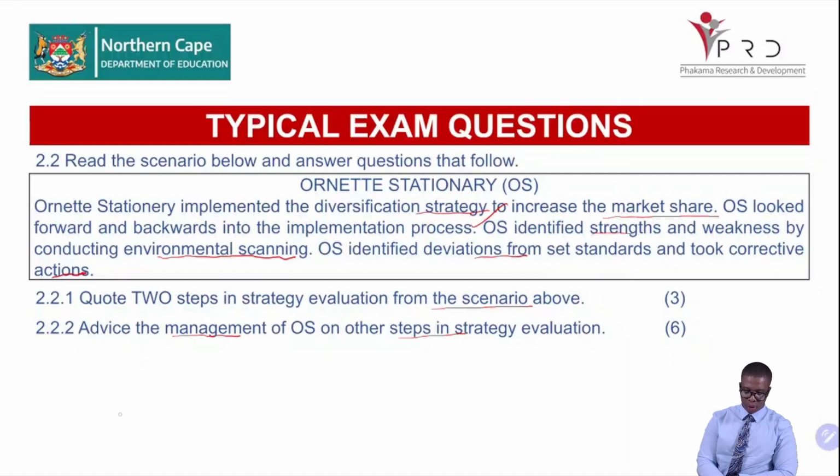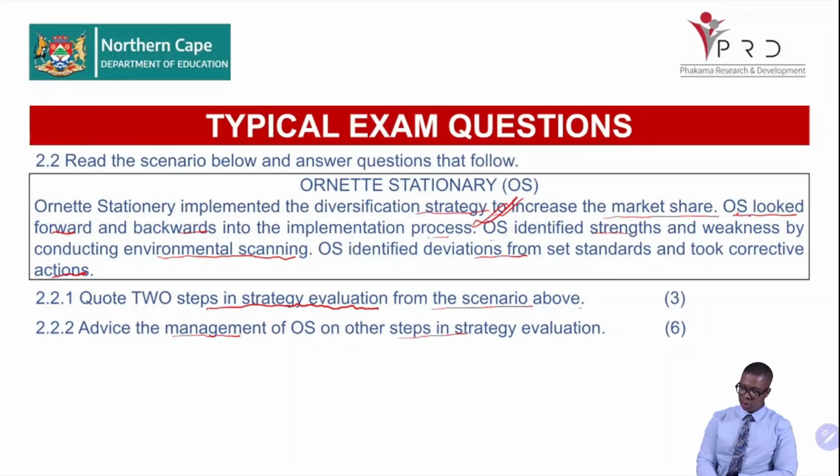Now, quote 2 steps in strategy evaluation from the scenario above and advise the management of OS on other steps in strategy evaluation. So now, when you look into this scenario, Grade 12s, you will realize that the idea that OS looked forward and backward into the implementation makes it correct. It makes it one of the steps in strategy evaluation.